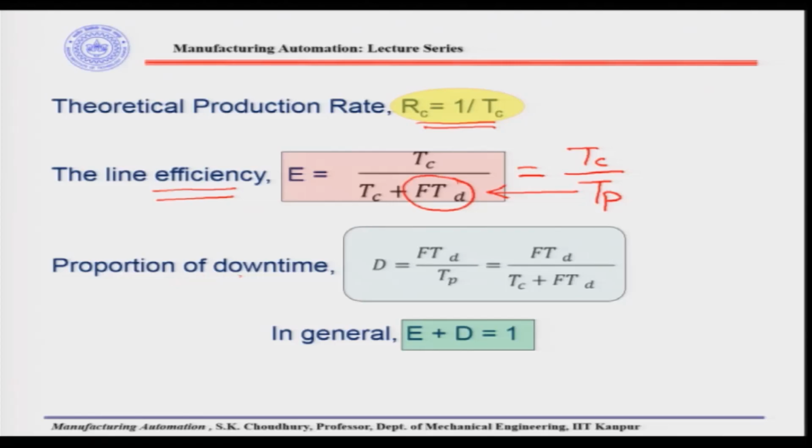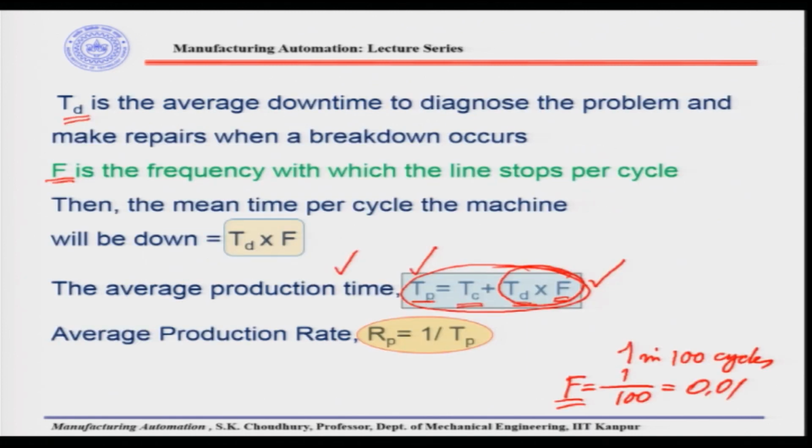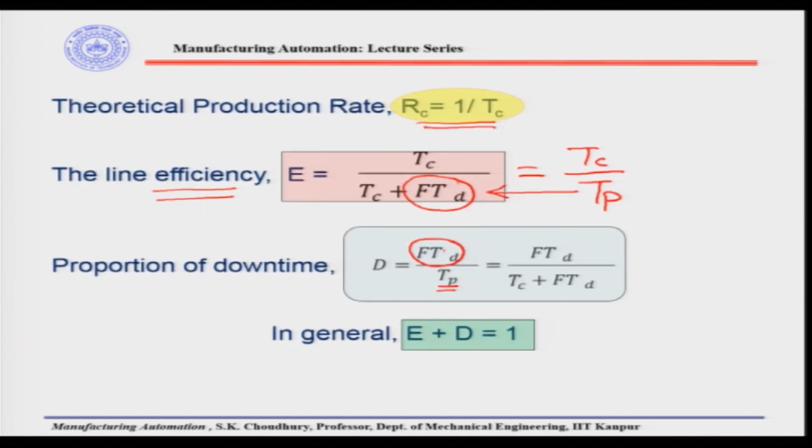So, the proportion of downtime of the line is given by f into T d, the time the line is down, divided by the actual average time T p. Okay. So, this will be f into T d divided by T c plus f T d, all right. So, this way we can find out for how much time the machine is down, the line is down.